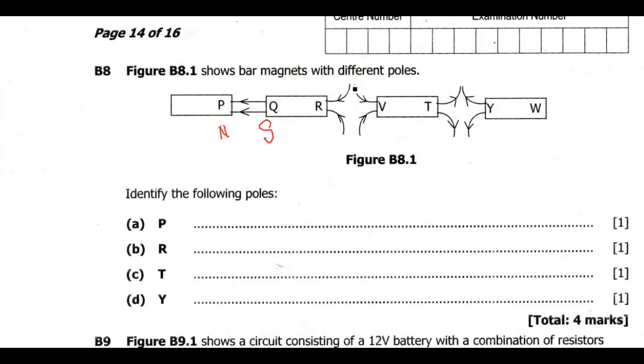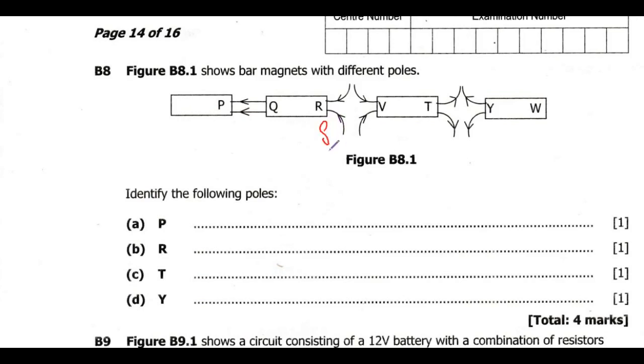So this where the flux is coming, this will be south. So if this is the south, that should be the north. Okay, that way. And this also will be the south, and that will be the north.